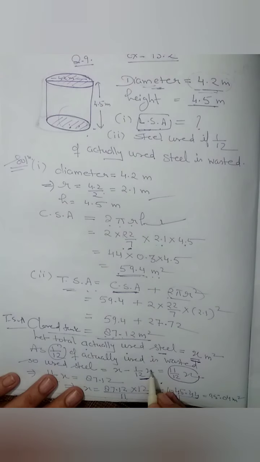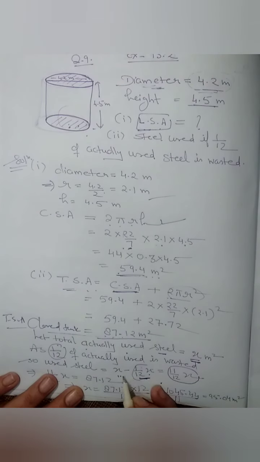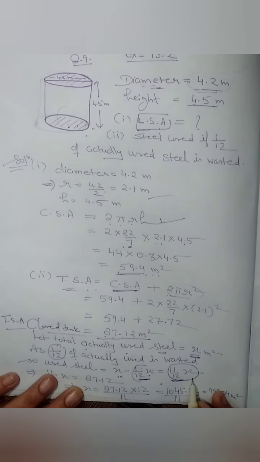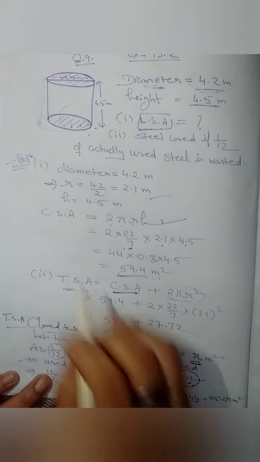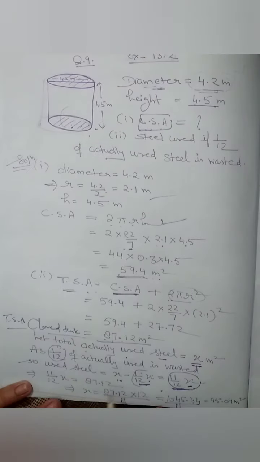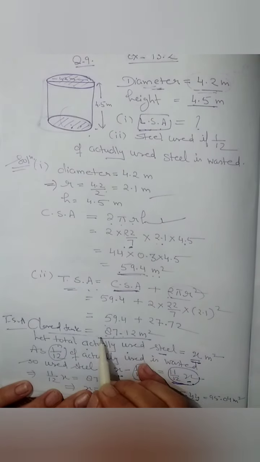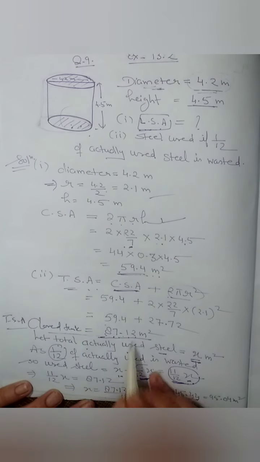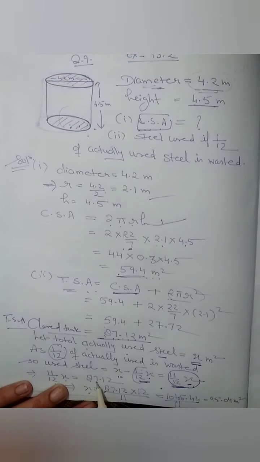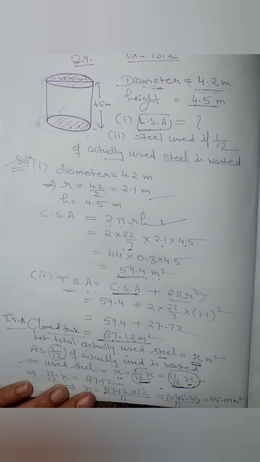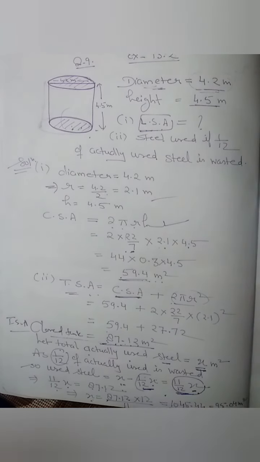Now if wastage is 1 upon 12 of x, we will subtract this 1 upon 12x from x, we will get 11 upon 12x. It means 11 upon 12 part of x is used in making this closed cylindrical tank. And here how much steel is required? Actually 87.12. So we will equate this. 11 upon 12x will be equal to 87.12. So finally we get 95.04 meter square.